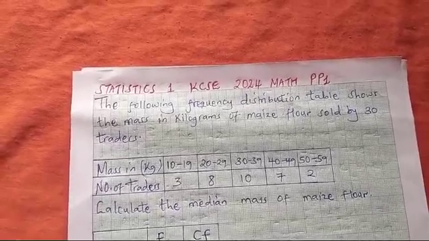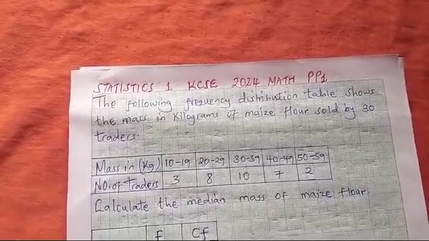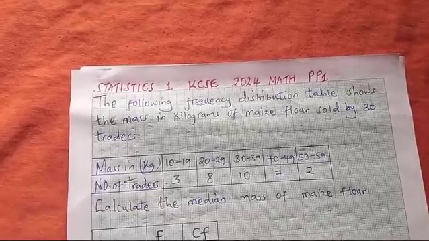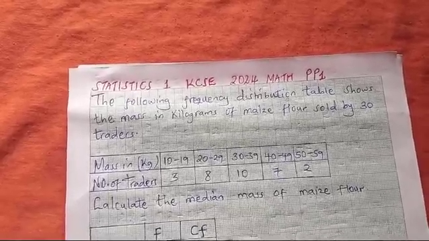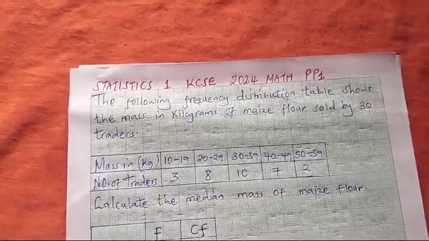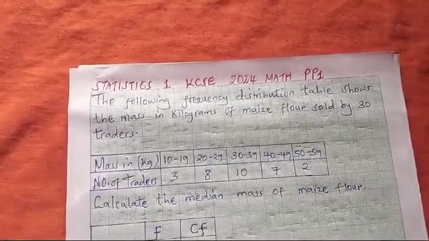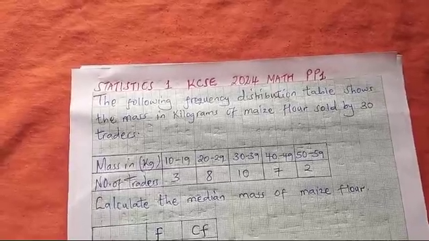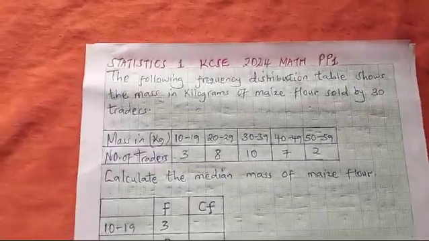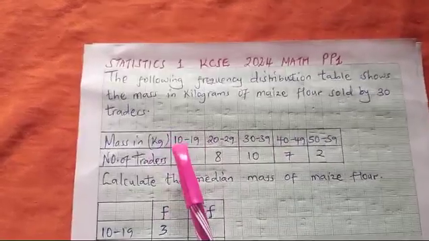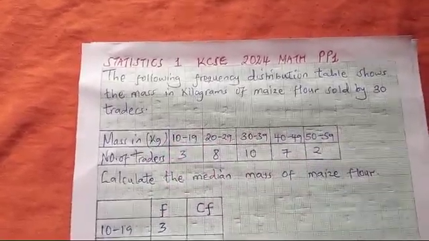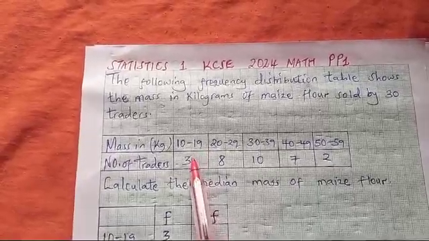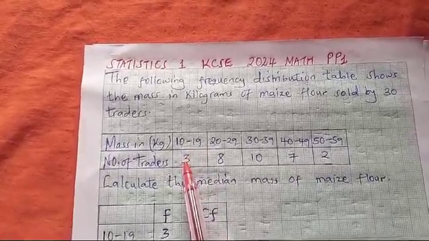The question reads, the following frequency distribution table shows the mass in kilograms of maize flour sold by 30 traders. From 10 to 19, 3 traders.